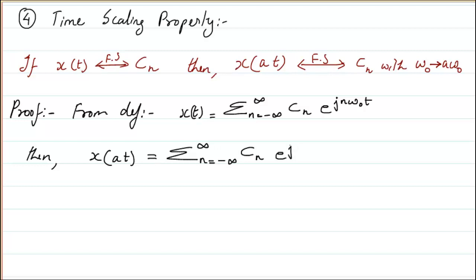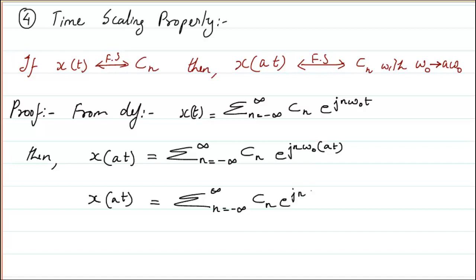C of n is also going to remain the same, e raised to power j n omega naught multiplied with at, which can actually be seen as x of at is summation n is equal to minus infinity to infinity Cn e raised to power jn, and now this a, instead of multiplying with t, I will imagine that it is being multiplied with omega naught. It's one and the same thing because they are all multiplied together.